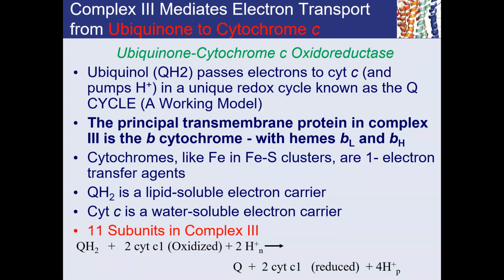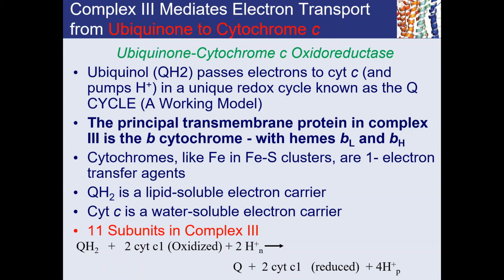And so in this complex 3, what you do is that you collect electrons from complex 1 and complex 2 in the form of reduced ubiquinone, which is QH2, which is ubiquinol, right?